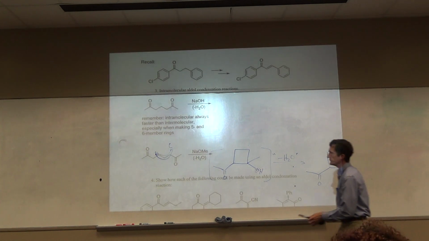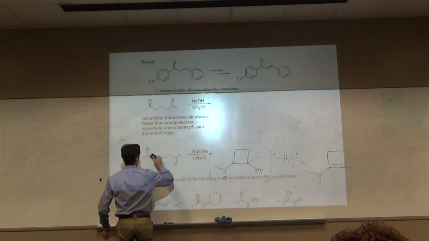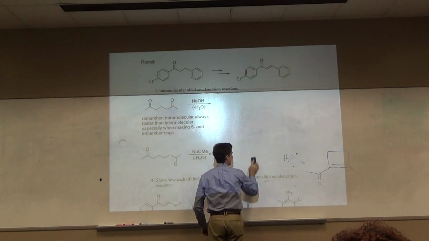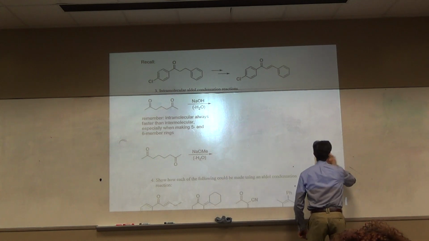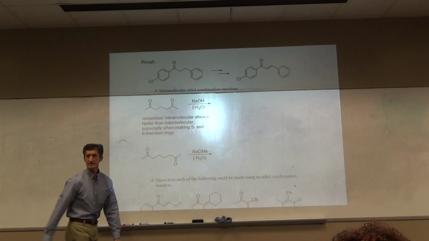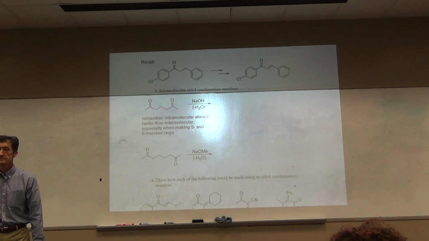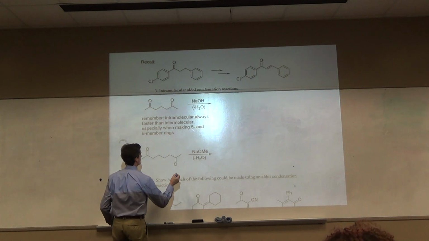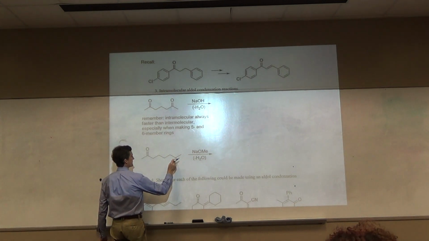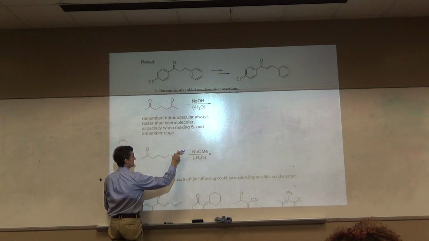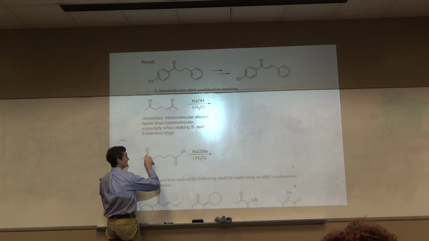One below. What size ring are we making down here? What size ring did you get down here? A 5-membered ring? Either end's the same. If we had an anion here, this would attack here. That'd be a 1, 2, 3, 4, 5, 6, 7.